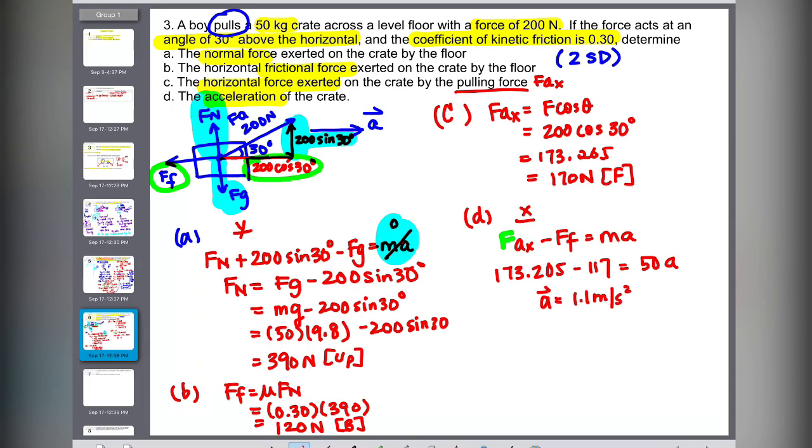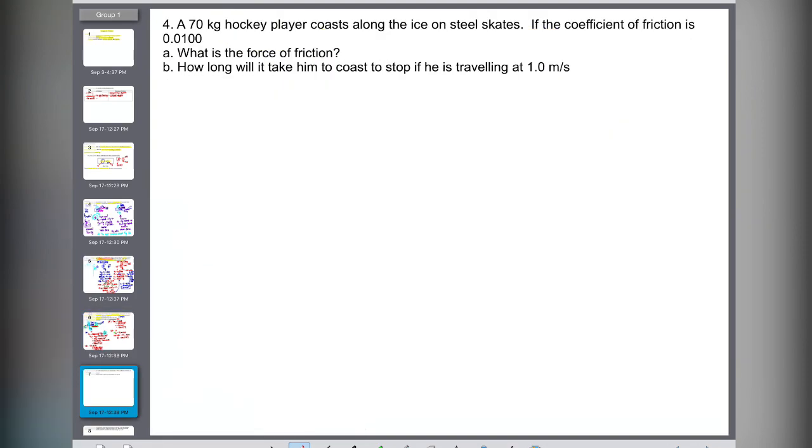So the acceleration would work out to be 1.1 meters per second squared forward. Keep in mind, forces that are on an angle, you split it into the xy direction. That's number one. Second thing is acceleration always goes in one direction. If it's going along x, acceleration along y is 0. Okay?